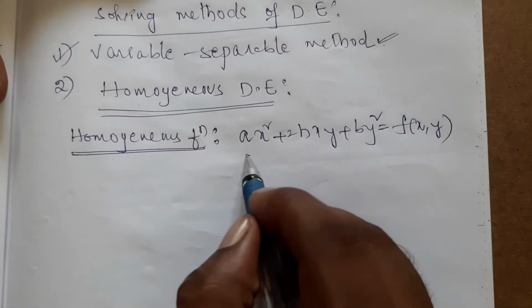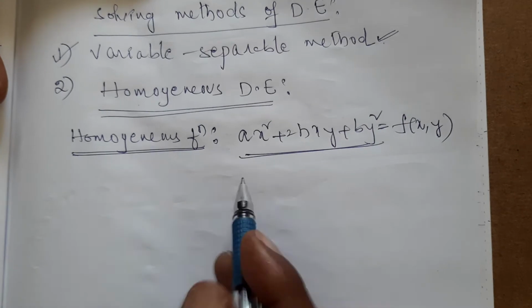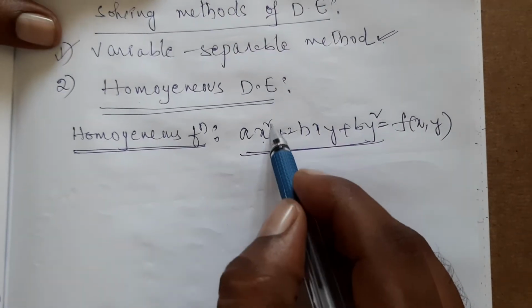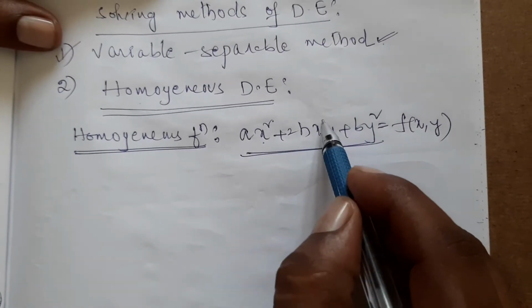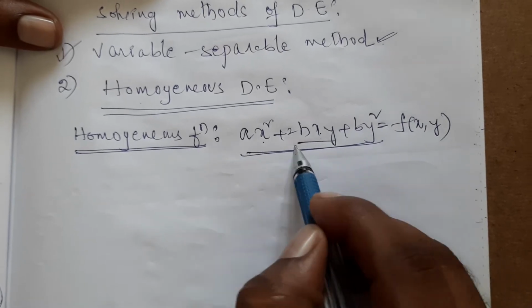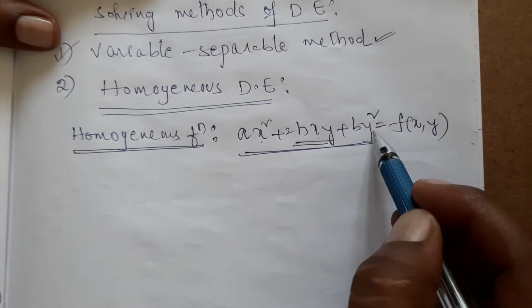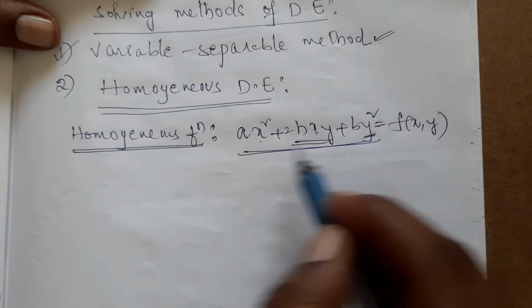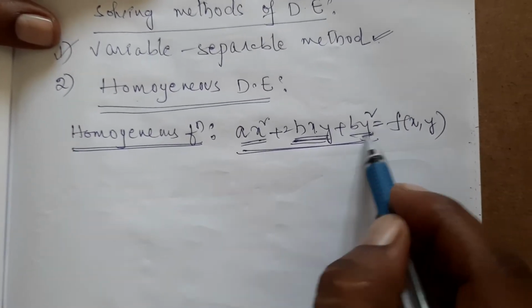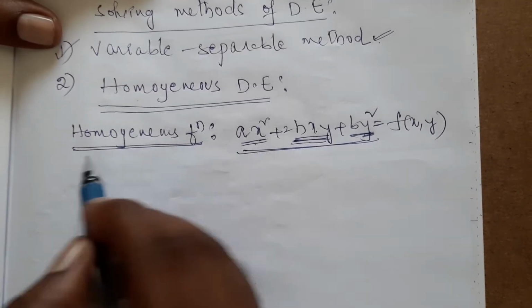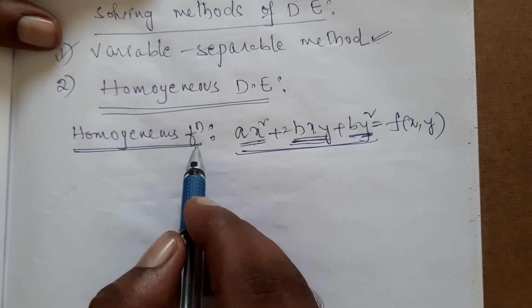Here x degree is 2, in the second term x degree 1 and y power 1 means the term degree is also 2, and y square is also second degree. All the terms having the same degree, that is known as the homogeneous function.